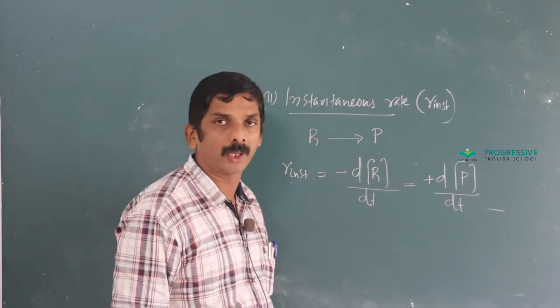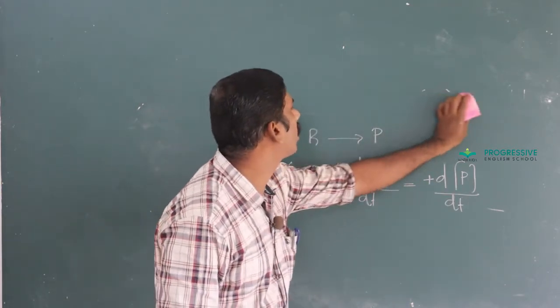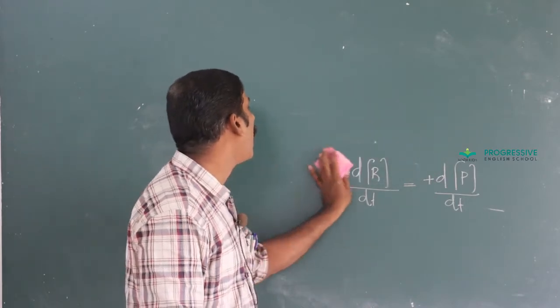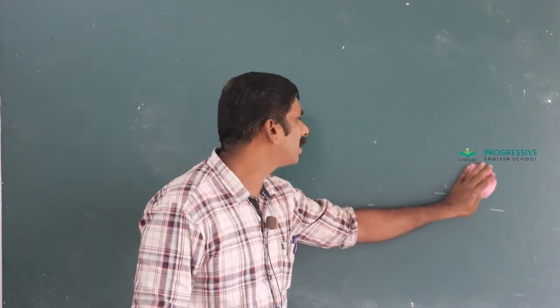There are two types of rate: one is called average rate and the other is called instantaneous rate. The average rate does not have much significance nowadays. At present, instantaneous rate is preferred over average rate.